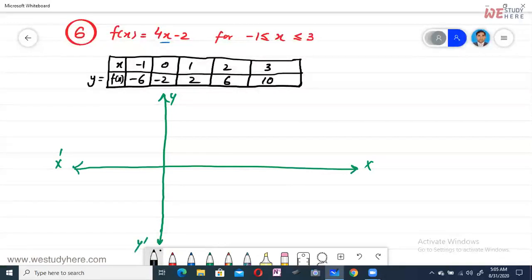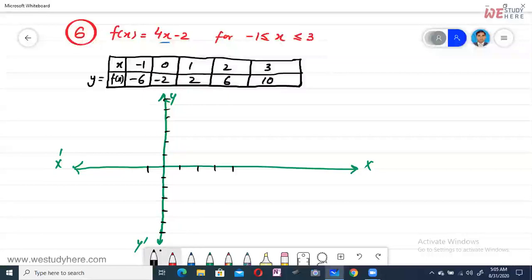On the x-axis, this is -1, 0, 1, 2, 3, 4. The y-axis is -1, -2, -3, -4, -5, -6, and upward 1, 2, 3, 4, 5, 6, and so on.